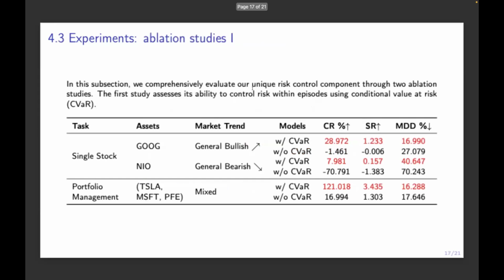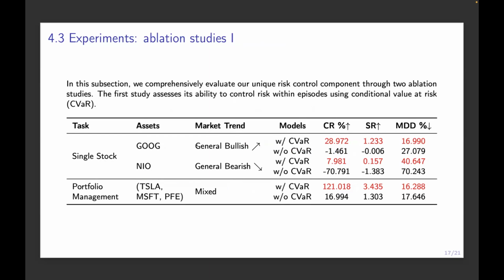However, we also did ablation studies on the risk control component. In the first study, we test FinCon's ability to control the risk within episodes using the conditional value at risk. For single stock trading, we compare its performance on Google and NEO.